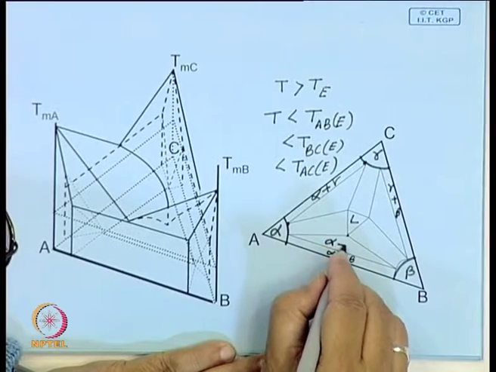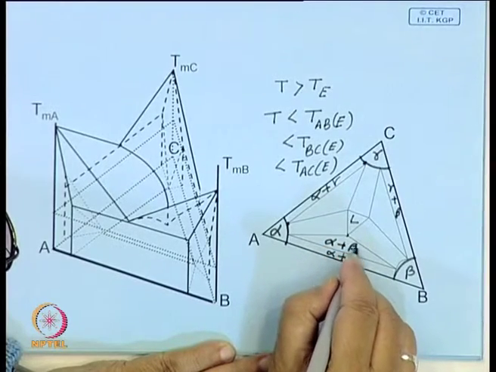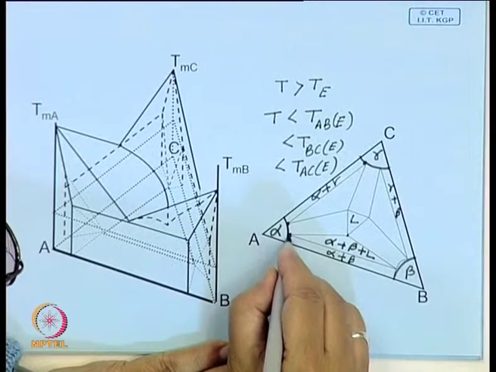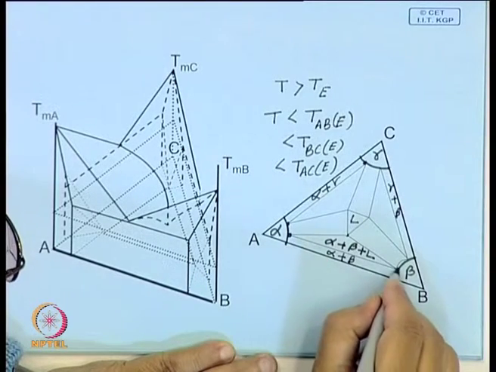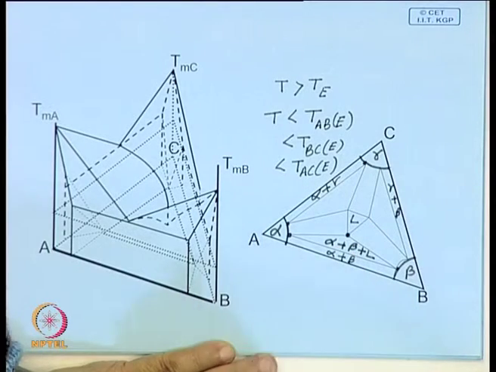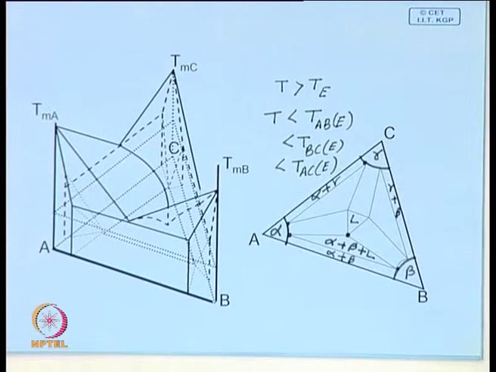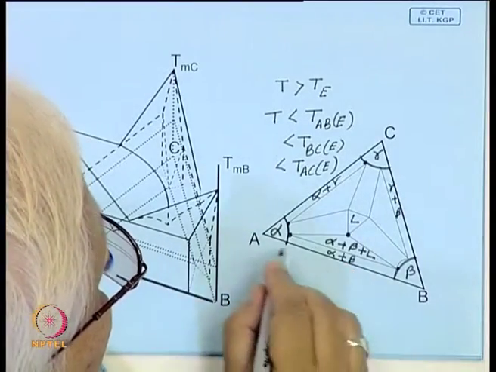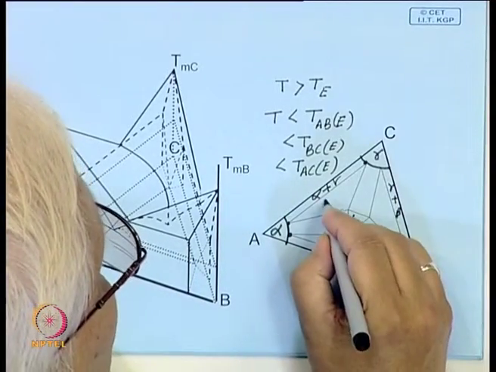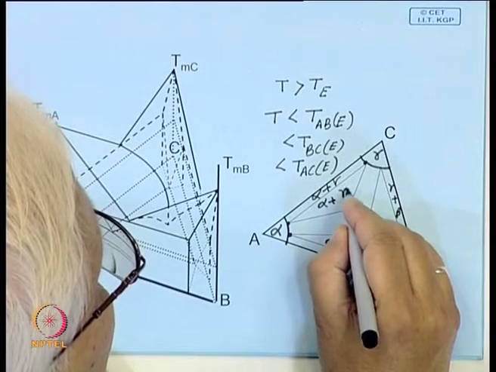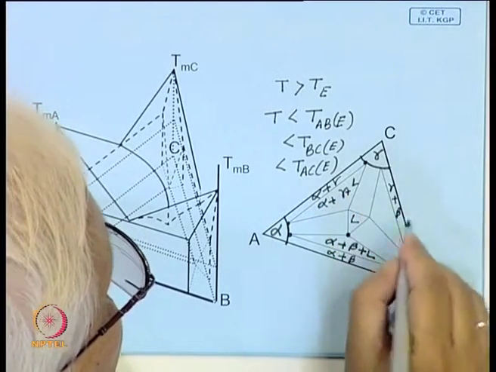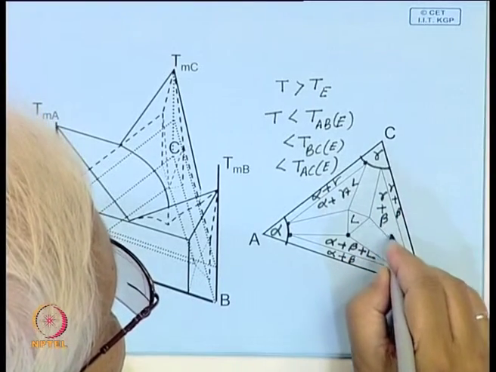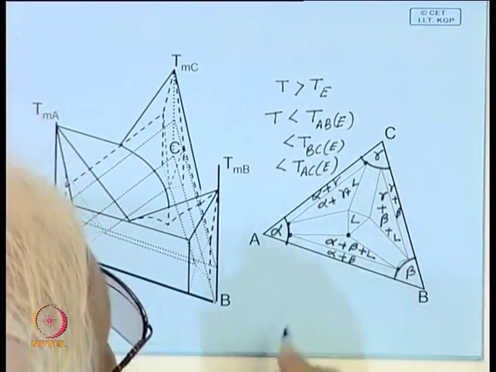This portion will be alpha, beta, liquid. So, this is the composition of alpha, beta, and this is the composition of the liquid. Now, this portion will be alpha, gamma, liquid, this portion will be gamma, beta plus liquid.